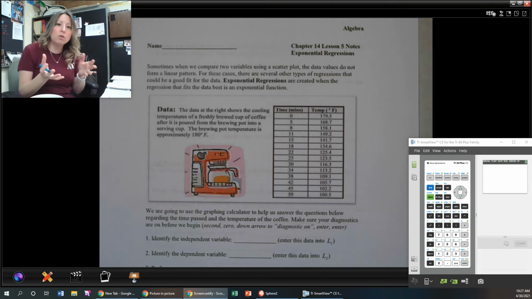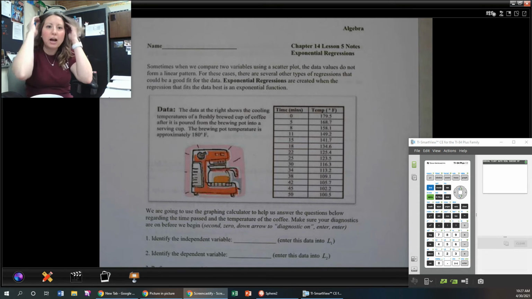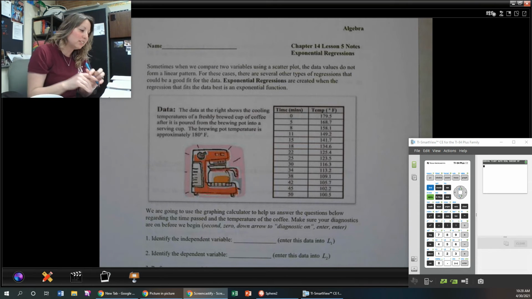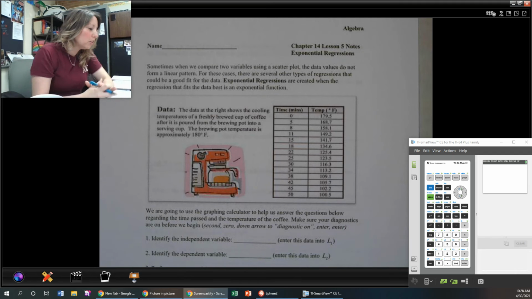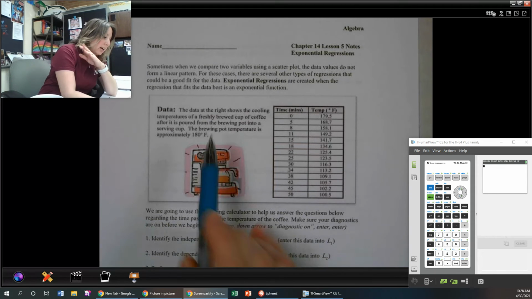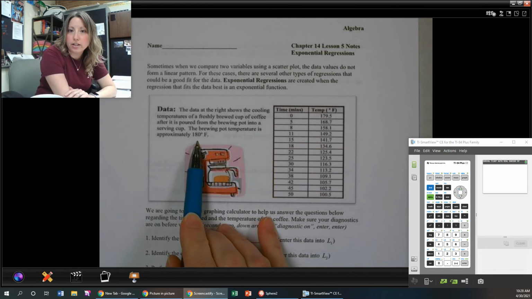The data that we're going to start by looking at is coffee data. We're looking at cooling temperatures from a freshly brewed cup of coffee. When it starts being brewed, the pot is approximately 180 degrees.